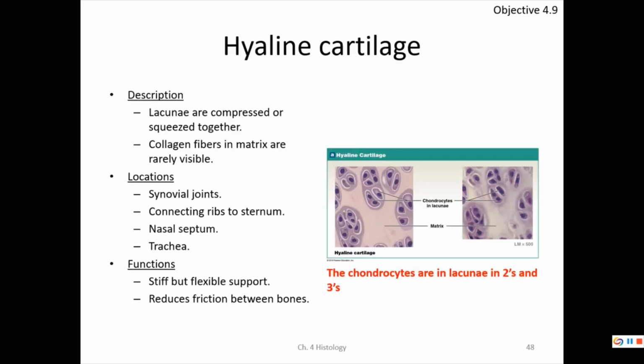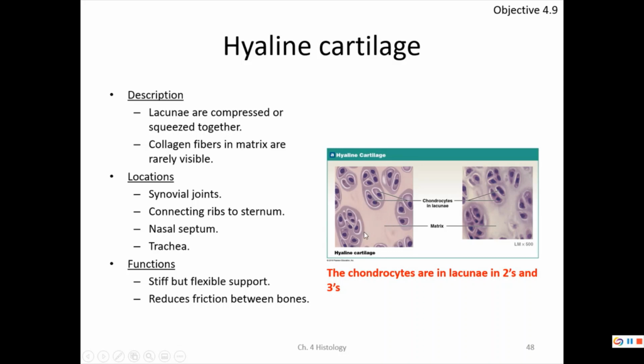So hyaline cartilage has squeezed together lacunae. The lacunae will be found in one chamber, at least 2s and 3s. Here we have one lacuna, and we have two cells packed together, 2s or even 3s. So you will see 2s and 3s sometimes.